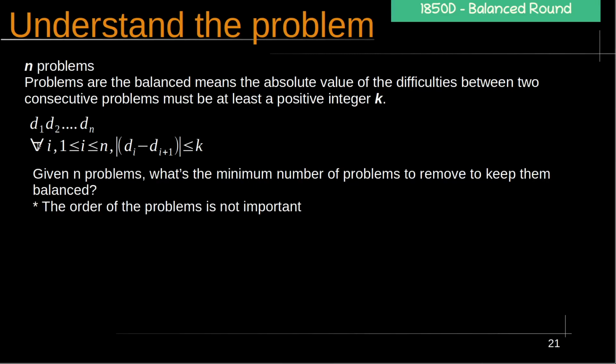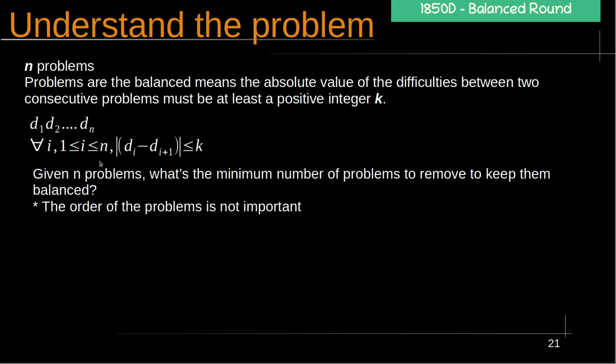We can write the problem another way. We have n problems. As we have seen, the problems are balanced, which means that the absolute value of the difference of difficulties between 2 consecutive problems must be at most a positive integer k. So if we have a set of problems d1 to dn, these are the difficulties of the problems, where i is between 1 and n inclusive.